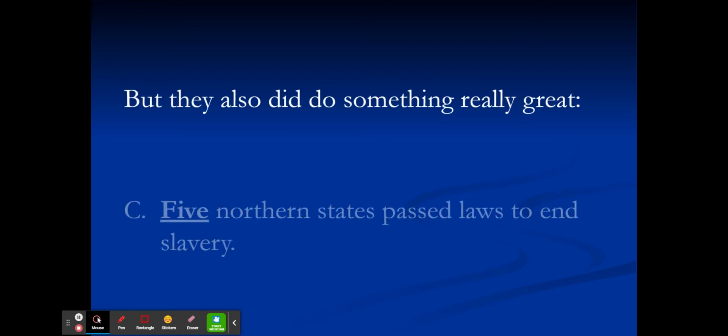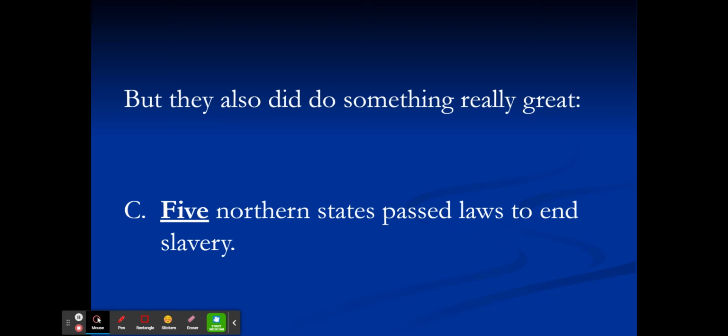Now, even though there were some problems, it did something great as well. In their state constitutions, 5 northern states passed laws to end slavery. Right there in their state constitutions, in the frameworks for their state government.